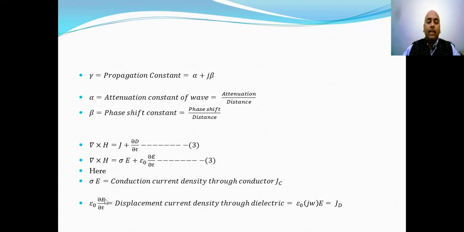If the electric field is varying harmonically, then we can write ∂E/∂t by multiplying E by jω. So this will represent the displacement current density when the electric field is varying harmonically.